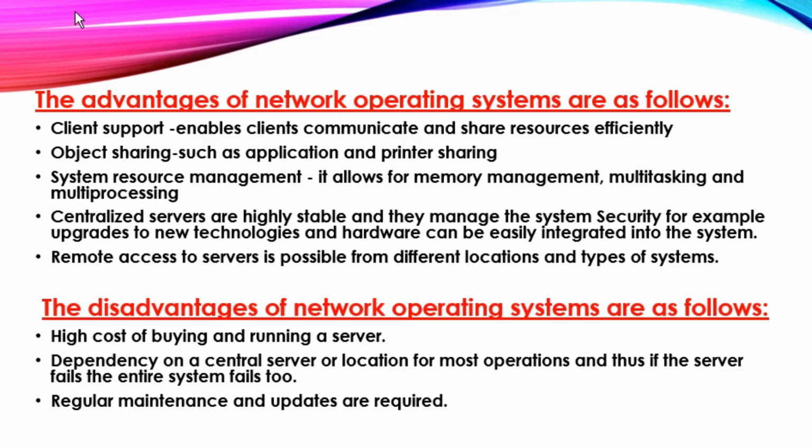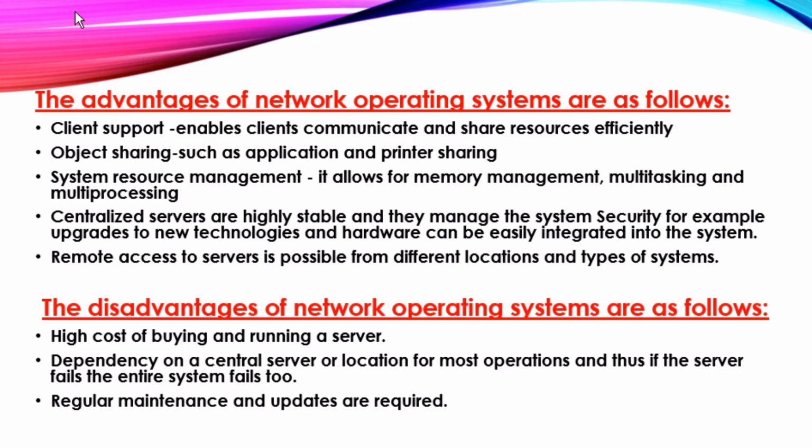It allows for memory management, multitasking, and multi-processing. We also find that central servers are highly stable and they manage the system security. For example, an upgrade to new technology and hardware can be easily integrated into the system. The network operating system also enables remote access to servers. This is possible from different locations and different types of systems.